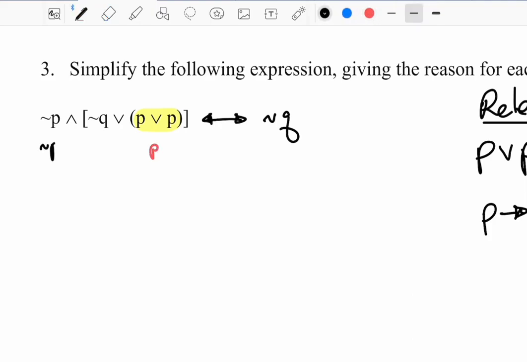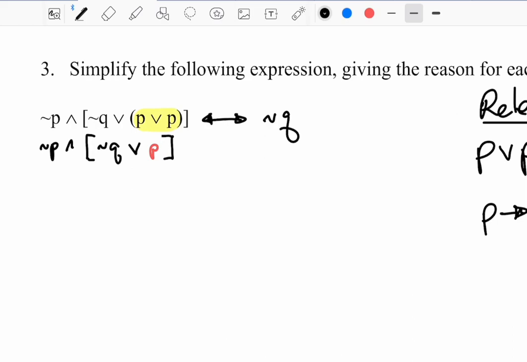So not P, and I'll leave the square bracket here. It really doesn't make a difference, though. From really any algebra class that you ever took, a square bracket, we treat that the same as just ordinary parentheses. Right? Now this one, the not Q or P, that's a new one.